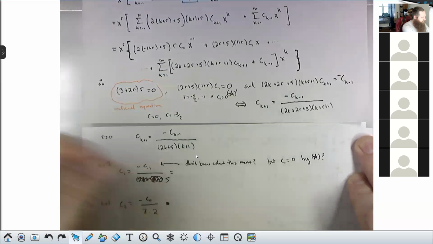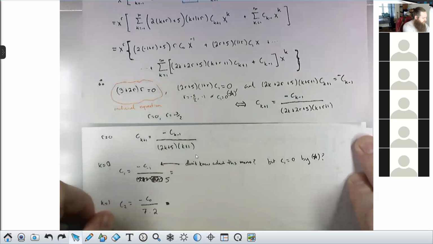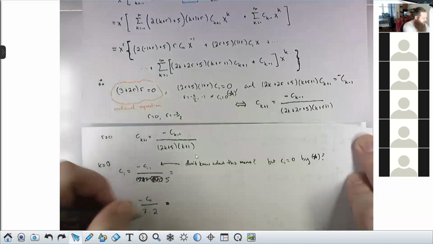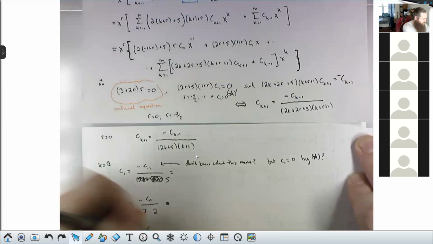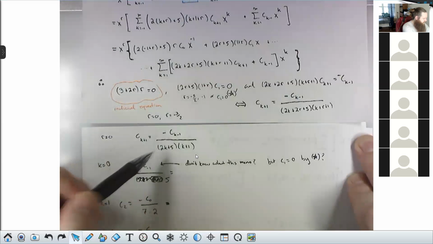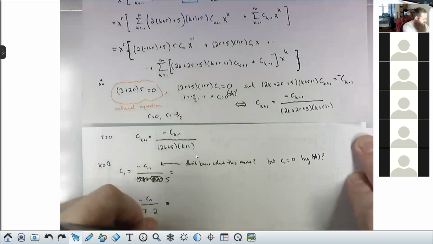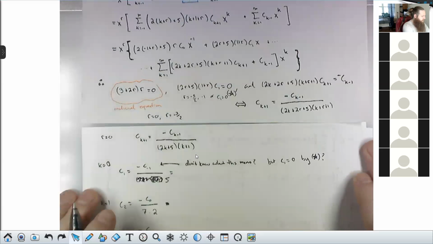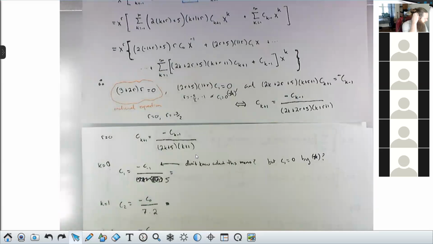So I can just leave it like this. When I take k to be 2, I'll get c_3 is equal to a negative of c_1 over 2 times 2, which is 4, plus 5 is 9, times 2 plus 1, which is 3. And I could say that this is 0 based on star. But for now, I'll just leave it like this and see if we do get a second solution here.